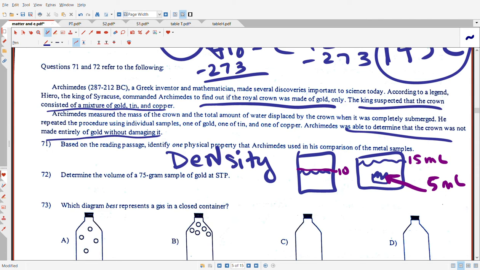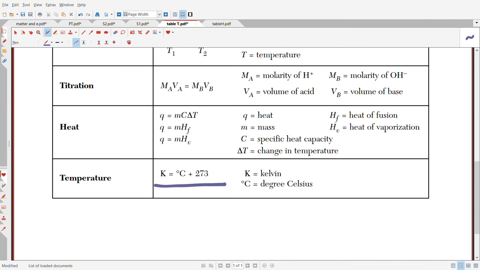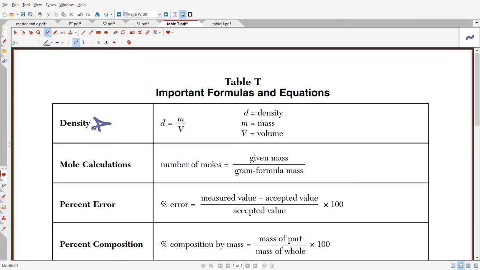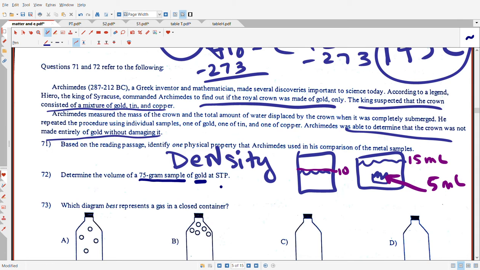Determine the volume of a 75-gram sample of gold at STP. Now, you might say, how do I do that? Well, the first equation on Table T, which you're given on the Regents, is density, which includes volume, density, and mass. So we have mass, which is 75 grams.